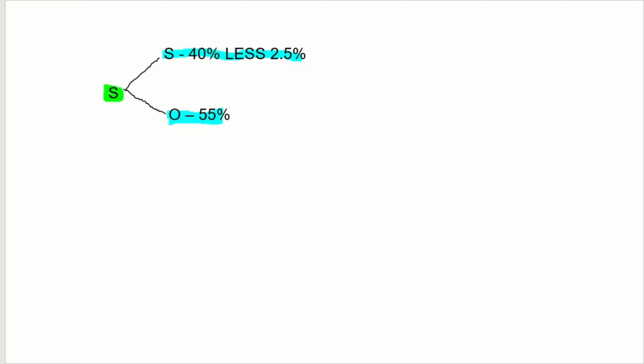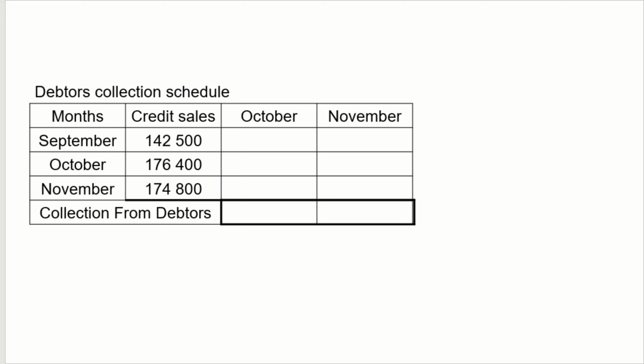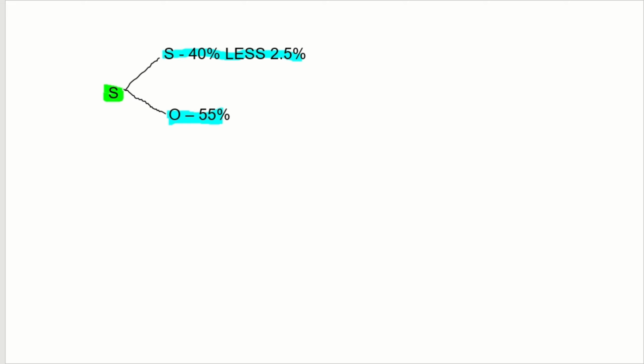We're going to take the credit sales from September, being 142,500 rands. We're gonna take that and actually multiply it by 55%. So this is what it's going to look like. 142,500, we're going to multiply it by the 55%. All right, so this will equal, please feel free to press your calculators whilst I'm still pressing mine also.